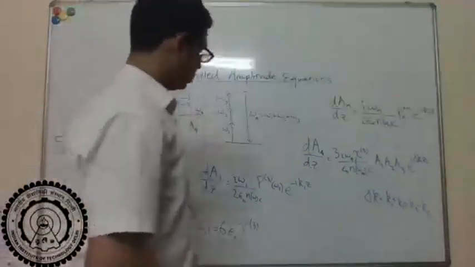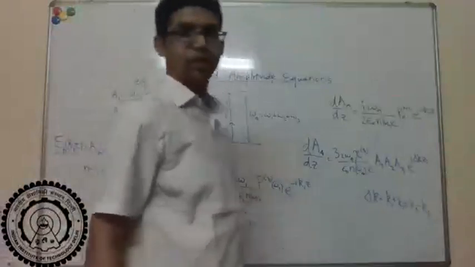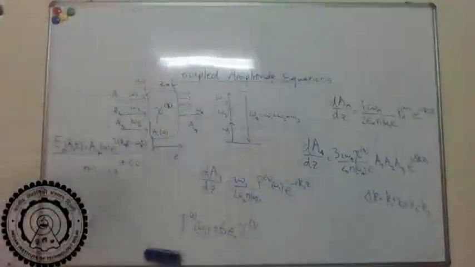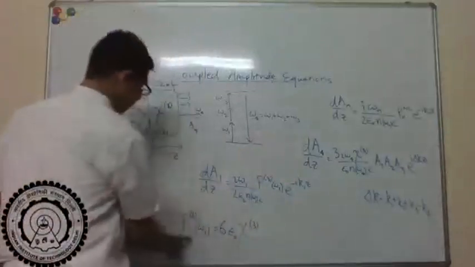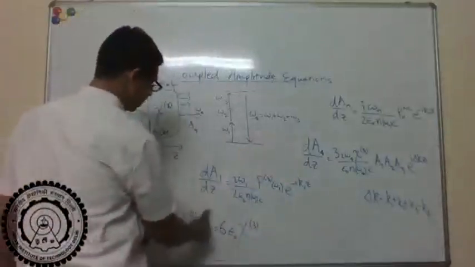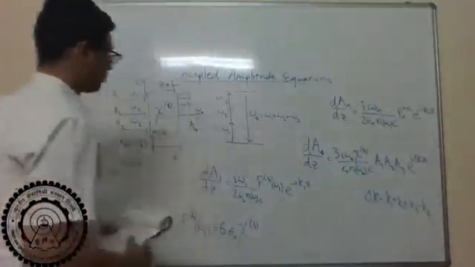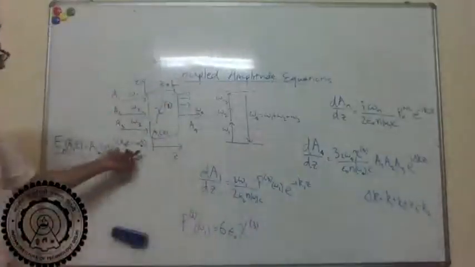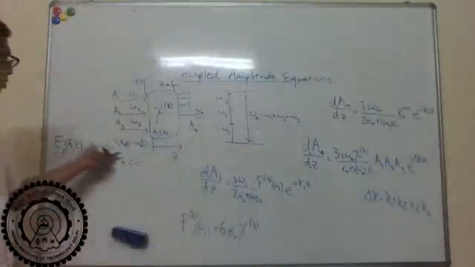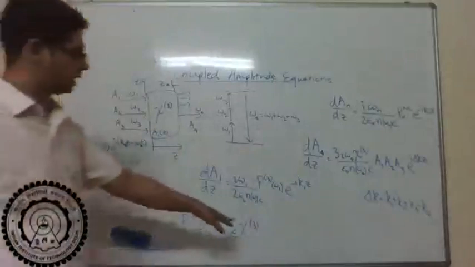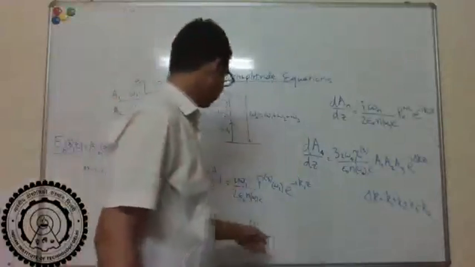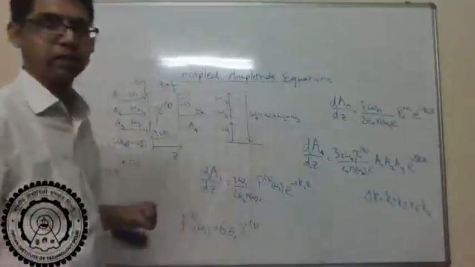So what three terms will come here? Again, we are looking at something which varies as e to the i omega 1 t, right? So which electric field components would we multiply such that finally we get something which goes as e to the i omega 1 t?